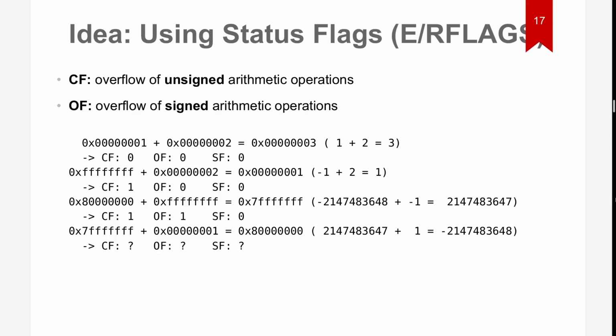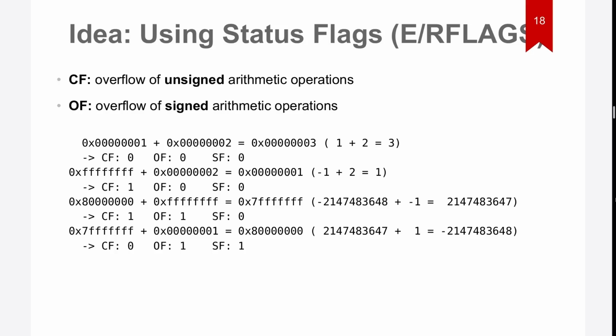So the signed flag will be 1, and if we interpret that as a signed integer, it will be the smallest possible because the most significant bit is set. So it definitely has to be a signed overflow, because we add something to the largest possible signed value that cannot be represented as correct in the range of the signed integers.